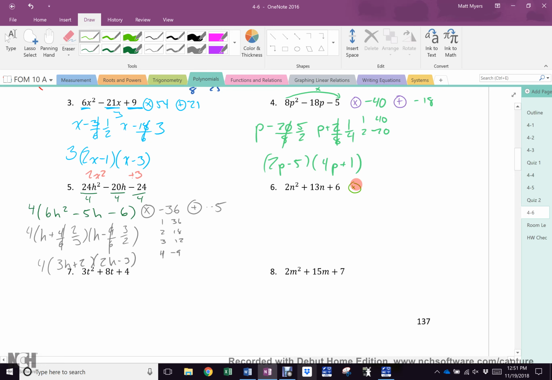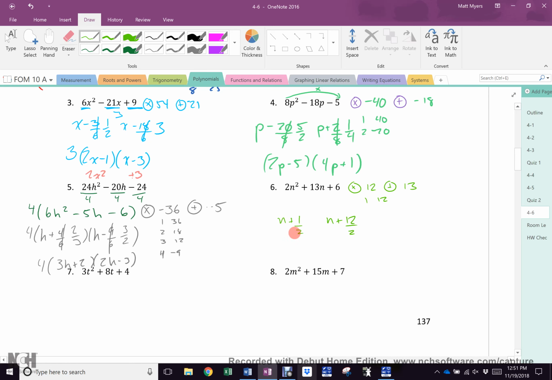What do I got to multiply to? 12. What do I got to add to? 13. Is it 1 and 12? Yes. N plus 1. N plus 12. But it's not really 1 and 12. It's 1/2 and 12/2. Does that simplify?